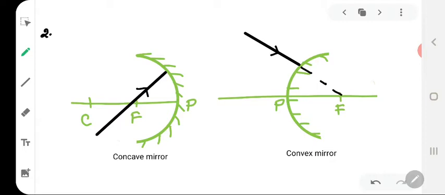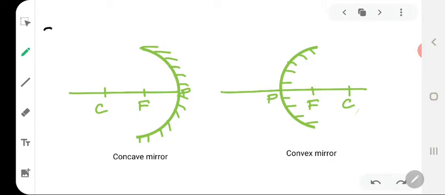So how should it pass after suffering reflection? It is found that after suffering reflection, it becomes parallel to the principal axis. So after reflection, it will pass like this. We need to mark the arrowhead. So this is the second special ray. An incident ray of light passing through the principal focus of a spherical mirror travels parallel to the principal axis after reflection.